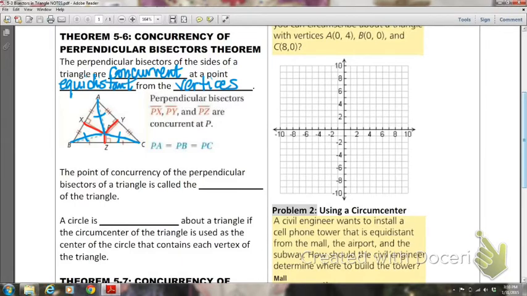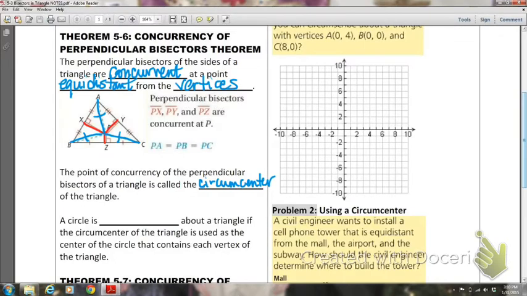So they're equidistant from the vertices. So the point of concurrency of the perpendicular bisectors, that point P in the center, where they all meet, is called the circumcenter. It's the circumcenter of that triangle.